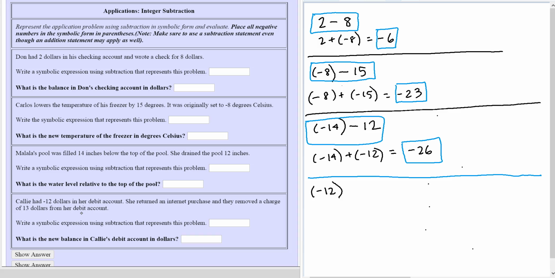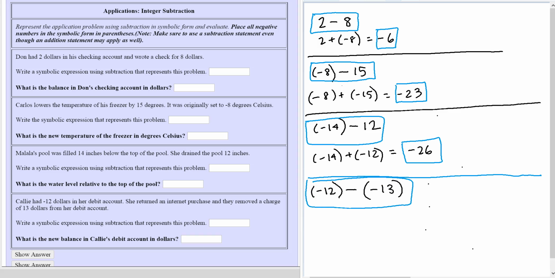But how can we write this in terms of subtraction? So they removed, so we could think of that as subtracting. And the charge of $13, well, that was negative. Okay, so they are taking away the negative $13, the $13 they had charged to your account. So this is our symbolic representation. And I like this one because first this is what we put in for our first answer.